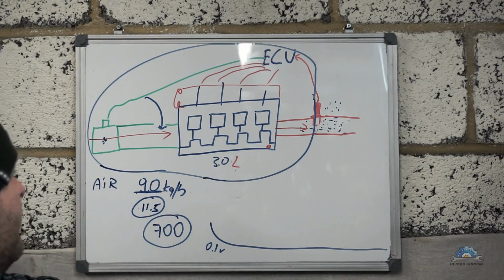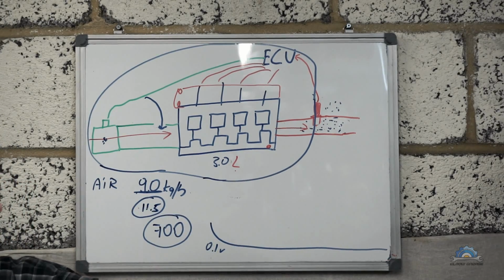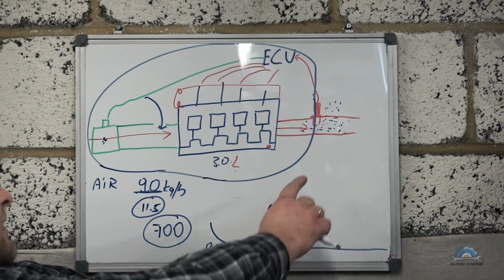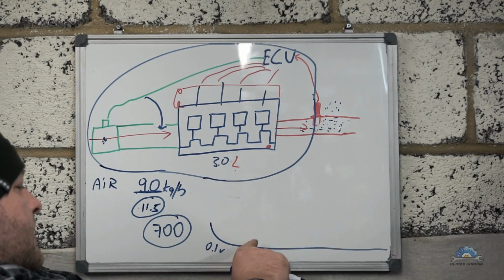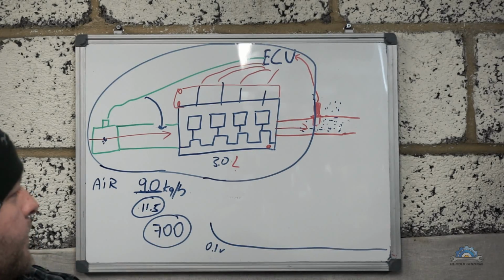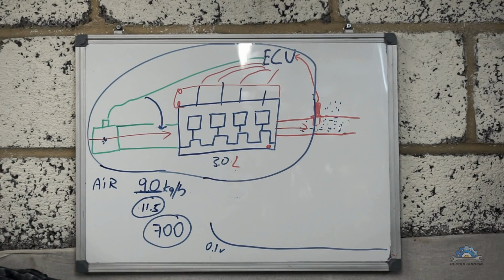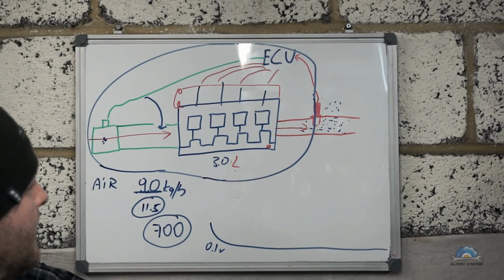We know MAFs tend to go usually after 100,000 miles. We know that. So if you guys see something wrong, bad readings on the O2 sensor, don't replace the O2 sensor. That's the last thing to replace on your car.